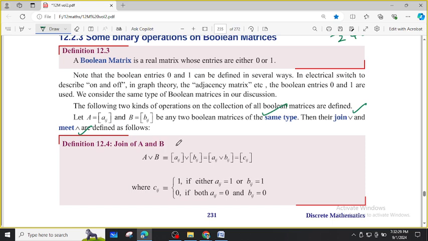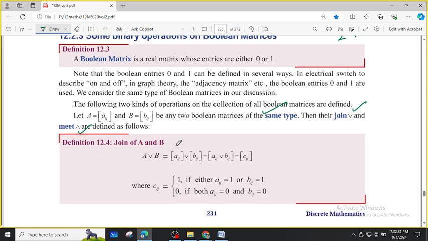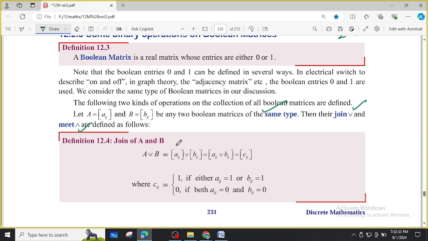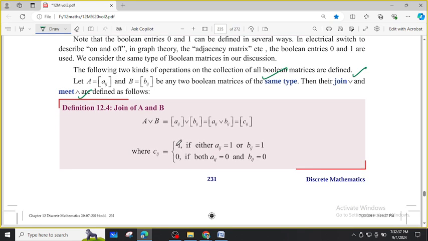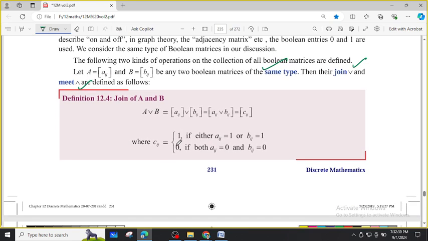So now the definition for Boolean matrix: two kinds of operation on the collection of all Boolean matrices. Now this is for all. So A is a Boolean matrix, with entries Aij and Bij. So now we can get Cij. Cij is 1 if Aij equals 1 or Bij equals 1. So if you get this or that is 1, it means 1.